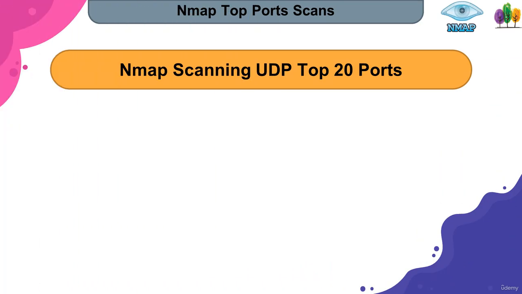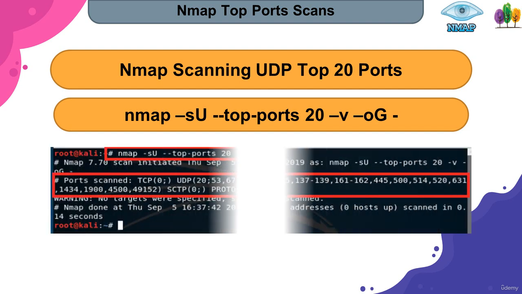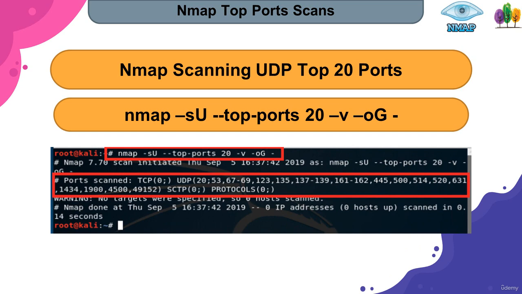And if you want to see what the top 20 UDP ports are, we can write nmap -sU --top-ports 20 -v -oG -. Now here, the -sU parameter is the UDP port scan, and the -v parameter is verbose.